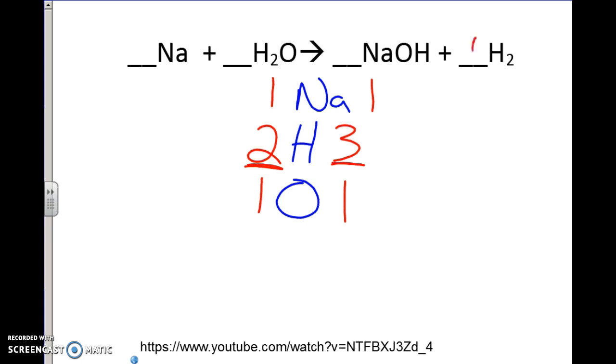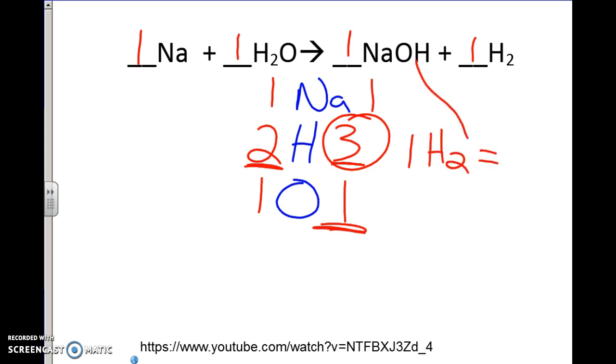If we have a 1 in each of these blanks right now, we end up having 1 oxygen, or excuse me, 1 hydrogen. Let me start all over again. We end up having 3 hydrogens right on this side. So that's it. If we have 1 H2, and we have the H from here, that equals 3 hydrogens on this side. So 1 gives us 3 hydrogens, but we want 2 hydrogens.